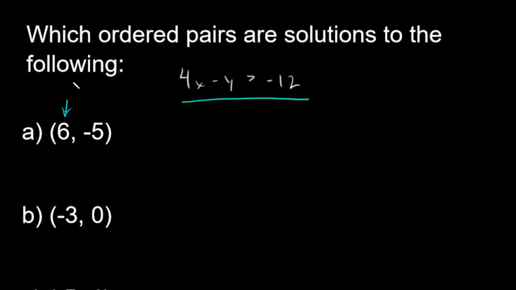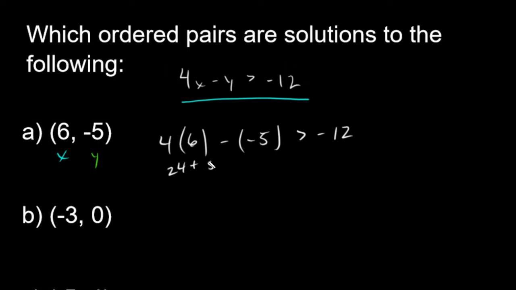So what you want to do is plug 6 in for x and negative 5 in for y and see if you get a true statement, okay? So you get 4 times your 6 minus your y, which is negative 5, is greater than negative 12. Is this a true statement? So 24 plus 5 is greater than negative 12, and so 29 is greater than negative 12.